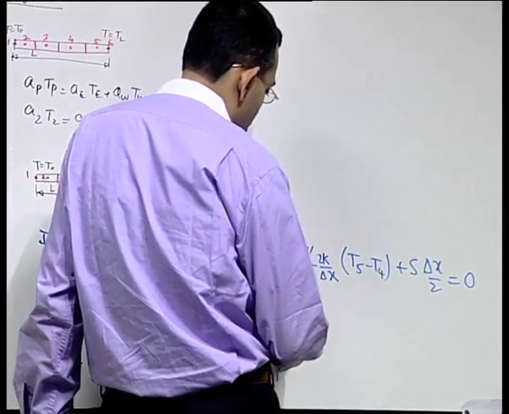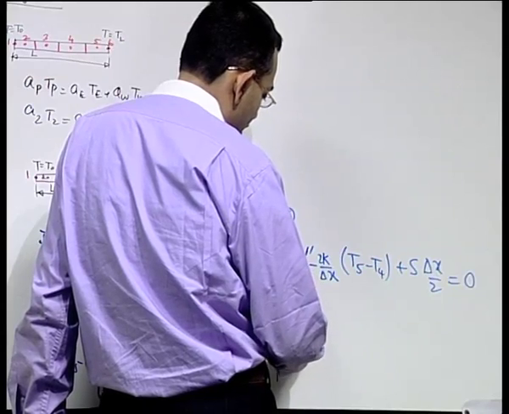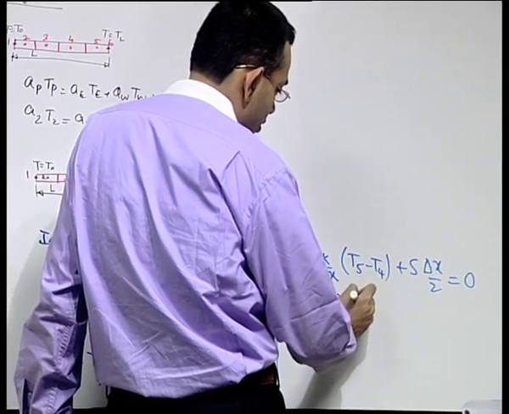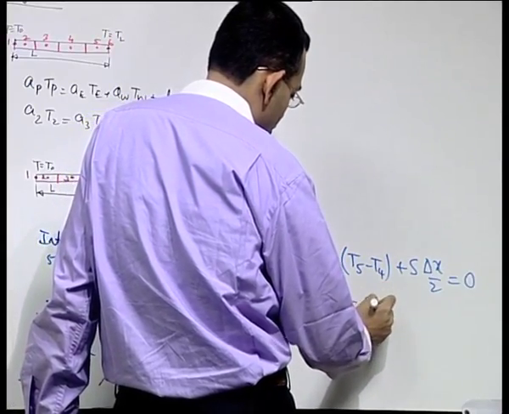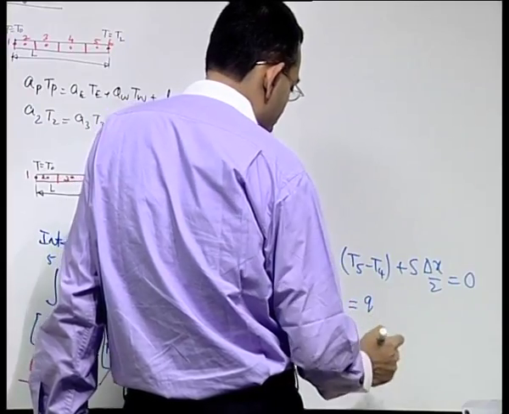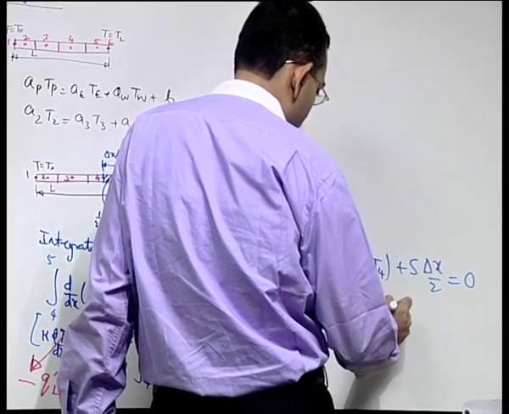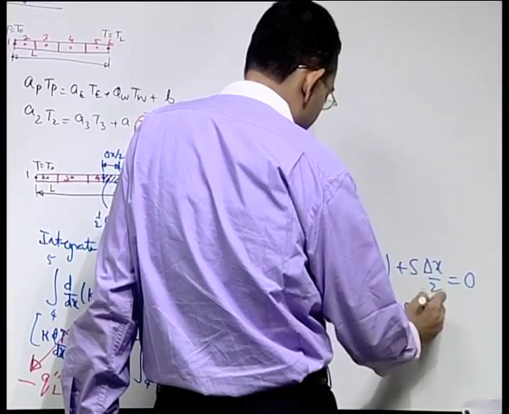So, 2k by delta x T5 minus T4 is equal to minus QL plus s delta x by 2.